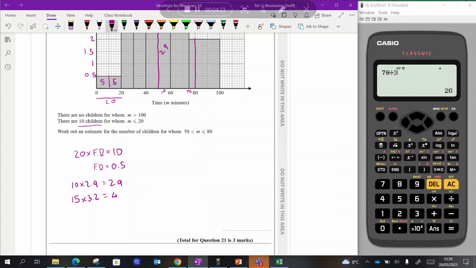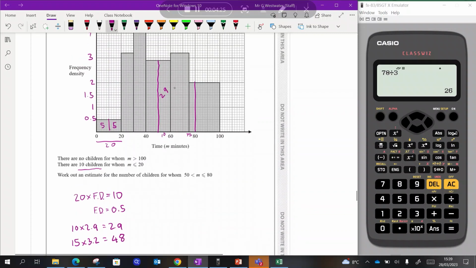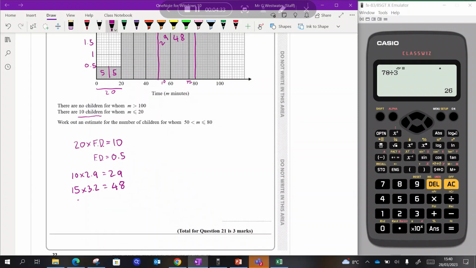I think that is 48. So we've got 48 here. And finally, we've got a width of 5 times a height of 2 for 10. So 29 add 48 add 10 is 87. So the number of children in this group is approximately 87. Okay.